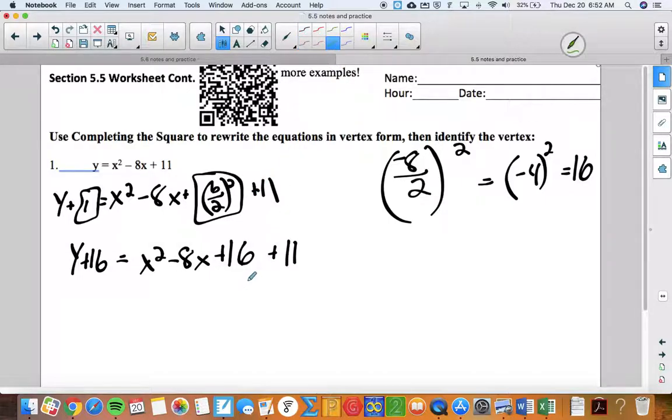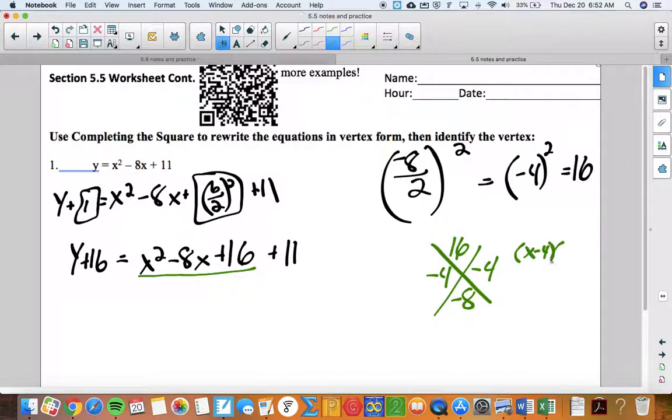So let me focus on this trinomial that I just helped make there by adding 16, because when we look for numbers that multiply to 16 and add to -8, we get the same two factors that do that, -4 and -4, which means, again, that we could factor this green underlined trinomial as x minus 4 times x minus 4. Well, that really just means x minus 4 squared. So I'm going to replace what I underlined in green with x minus 4 squared.